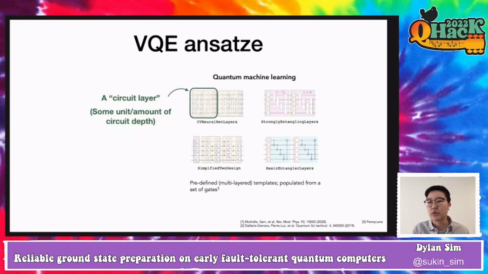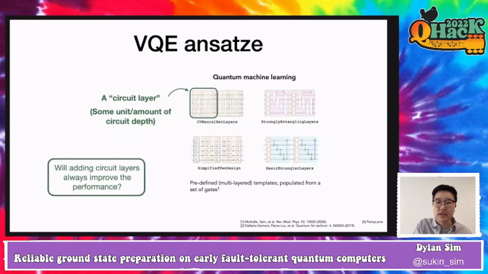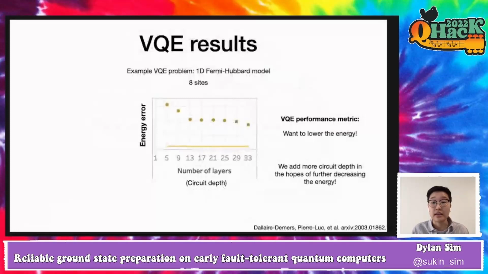And one of the main questions I more recently asked myself is, will adding more circuit layers to my parameterized quantum circuit always or necessarily improve the performance of my algorithm? And the answer seems to be a little more complicated than I thought. And I want to explain this through an example.